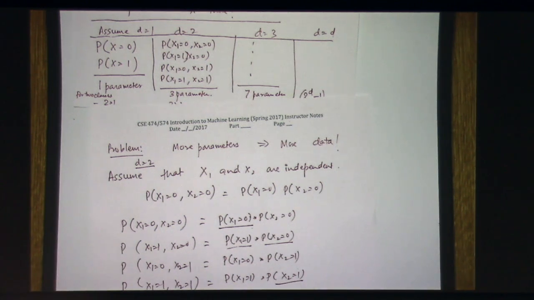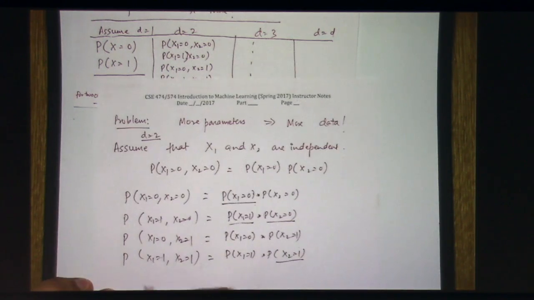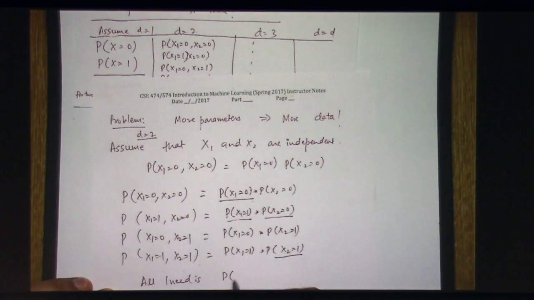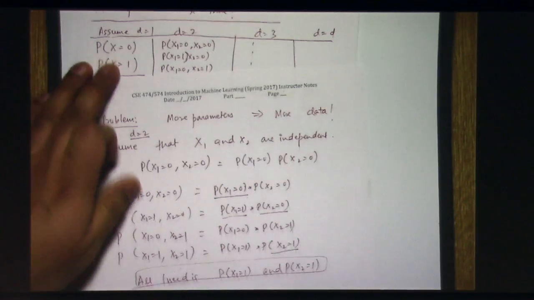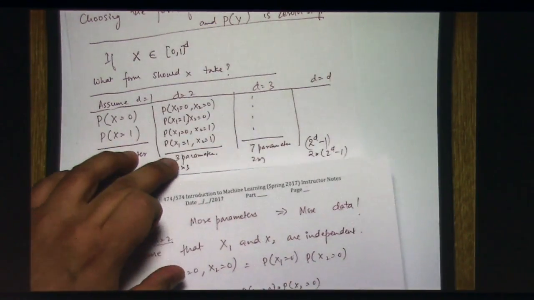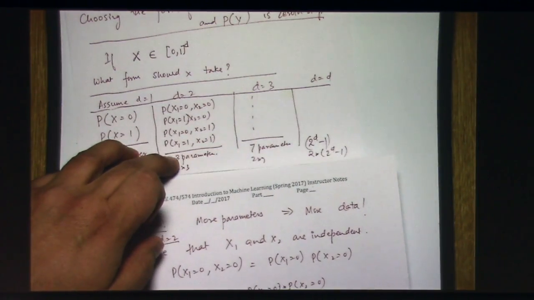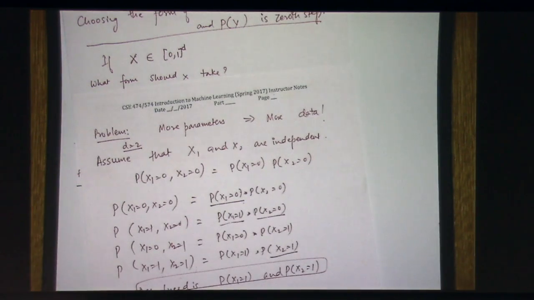So I actually just need 2 values: P(x1 = 1) and P(x2 = 1). So suddenly, instead of trying to figure out 3 parameters, I just need 2. So I have reduced it.